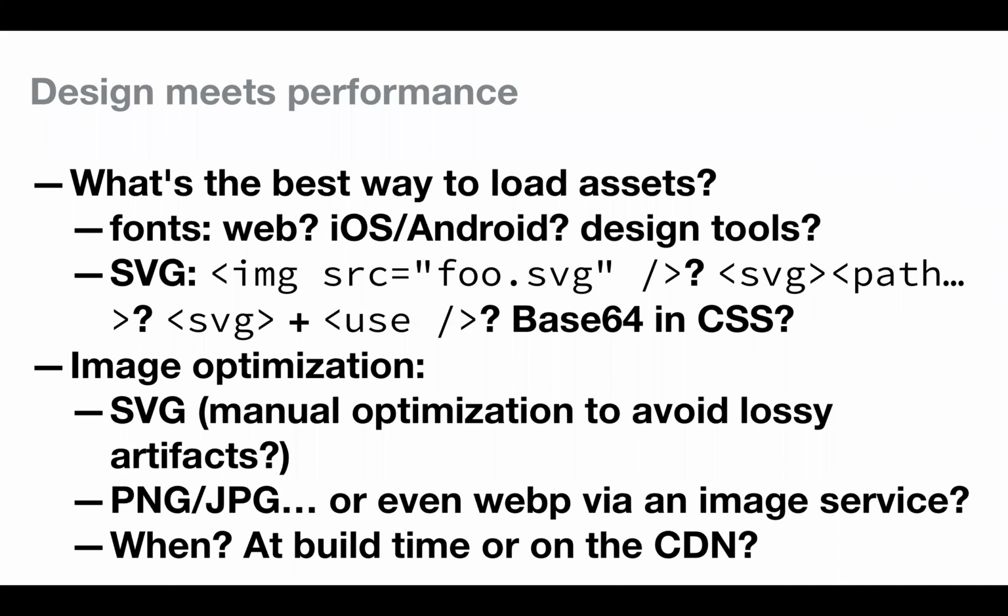And if you want to be good at performance, you need to be good at image optimization. Again, this is a place where if you're a designer and you deliver an SVG to a developer, or if you deliver a PNG to a developer, what happens to this image? What happens to this artifact? Do you need to manually optimize it?